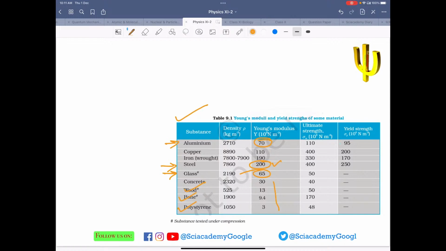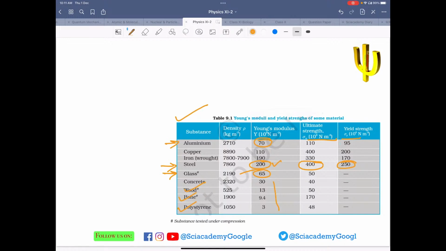You can see that in case of steel, the ultimate strength is 400 into 10 to the power 6 Newton per meter square, and yield strength is 250 into 10 to the power 6 Newton per meter square, which is highest among the materials given in this table.